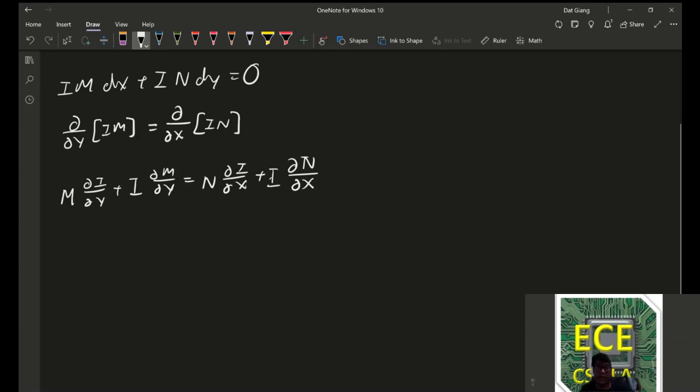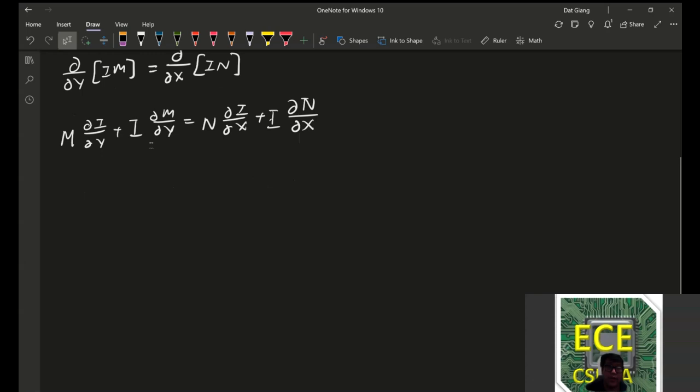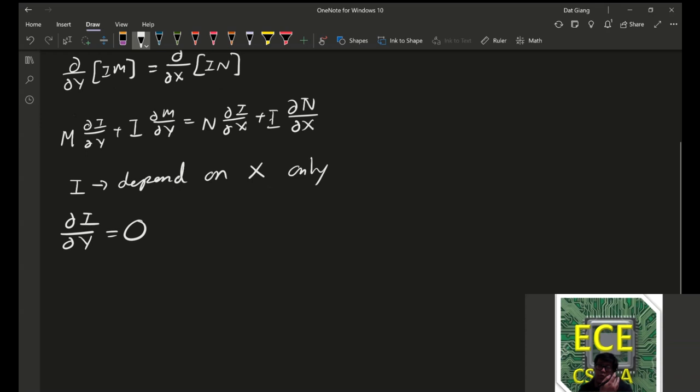So we actually have to impose some conditions. One, suppose that I is dependent on x only. Then that means that the partial derivative of I with respect to y is equal to 0, because there are no y terms.